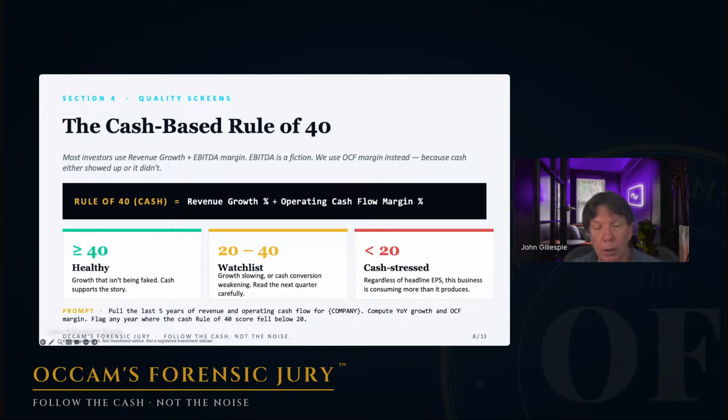Below 20, the business is cash stressed regardless of what headline EPS says. It's consuming more than it produces. The prompt at the bottom is the one I run first on every name. Pull 5 years of revenue and operating cash flow, compute the score, flag every year that fell below 20. That single screen kills more bad ideas than any valuation work that I do after the fact.